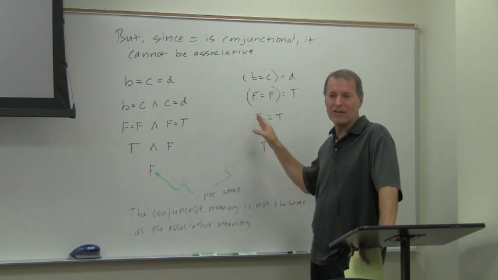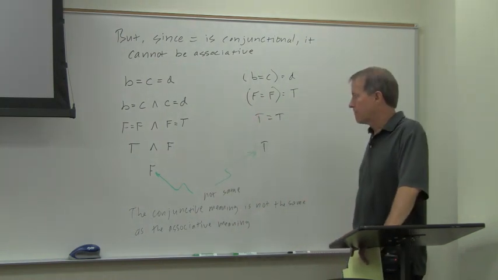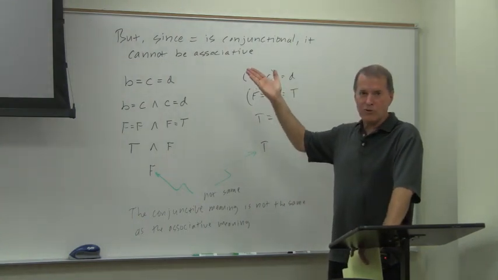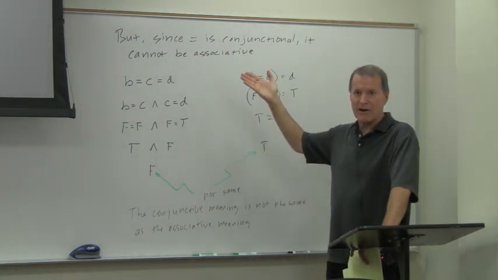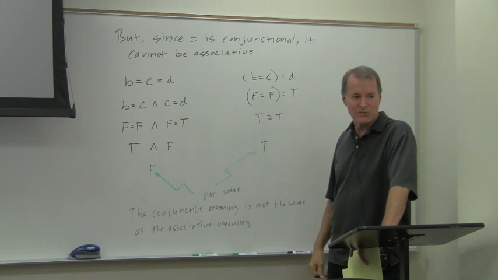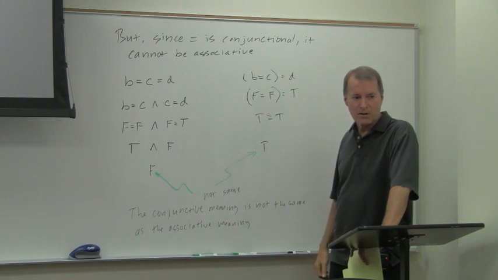They don't use this. We're setting up our logic system according to some rules that are a little bit different from the way the mathematicians use them. Mathematicians would have a different result.